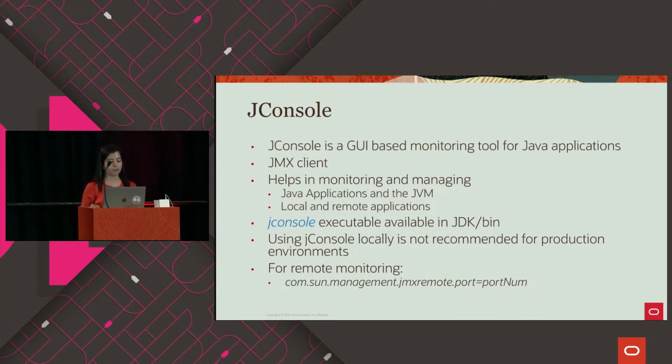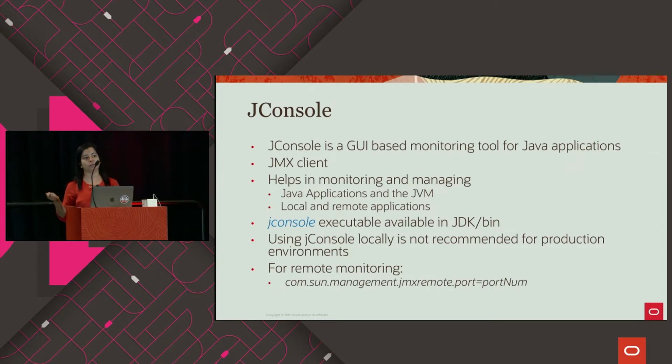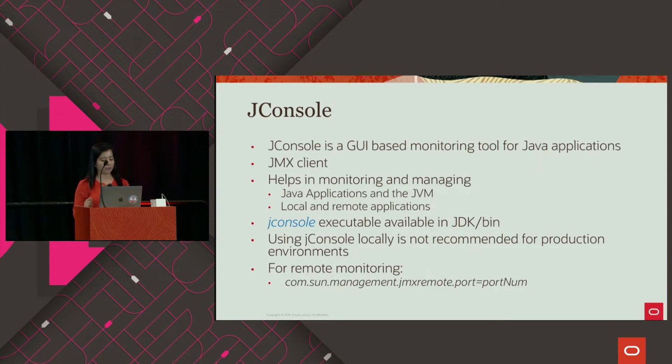For remote monitoring, use the JMX remote.port option to set the port number at which you can connect to your process running on a remote system and monitor it using JConsole. And please remember, when you use JConsole for remote monitoring, use JMX authentication flags to make sure your application is running securely and JConsole is connecting to it in a secure manner.